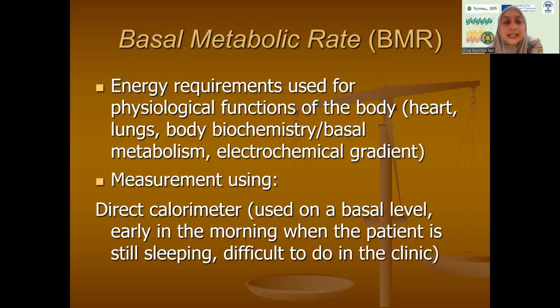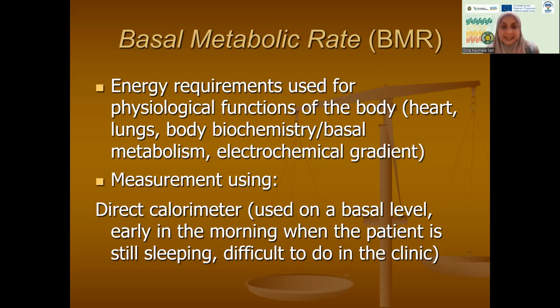We will discuss what basal metabolic rate, or BMR, is. It is the energy requirement used for the physiological function of the body. When we sleep or do not do anything, in the stable state of our body, we still need calorie energy for the metabolic function of the body, such as the heart, lungs, body biochemistry, basal metabolism, and electrochemical gradient.